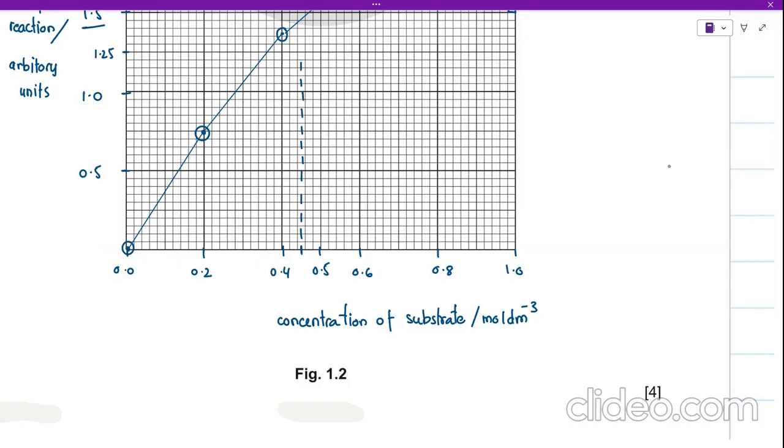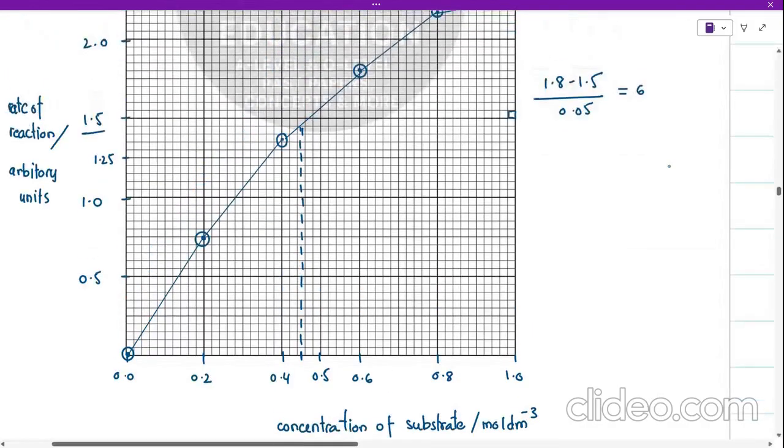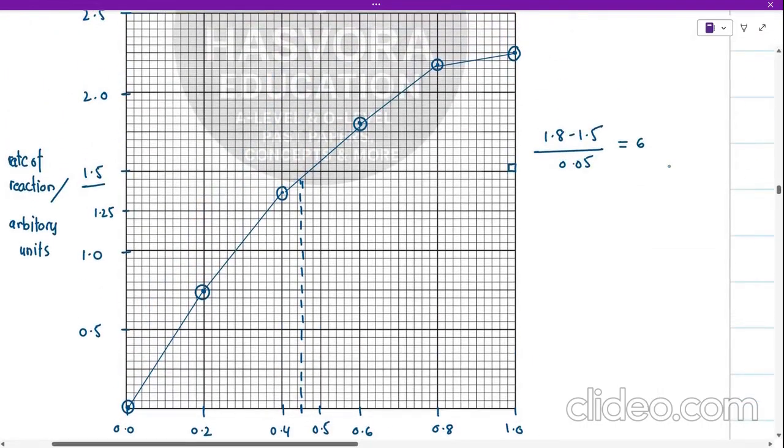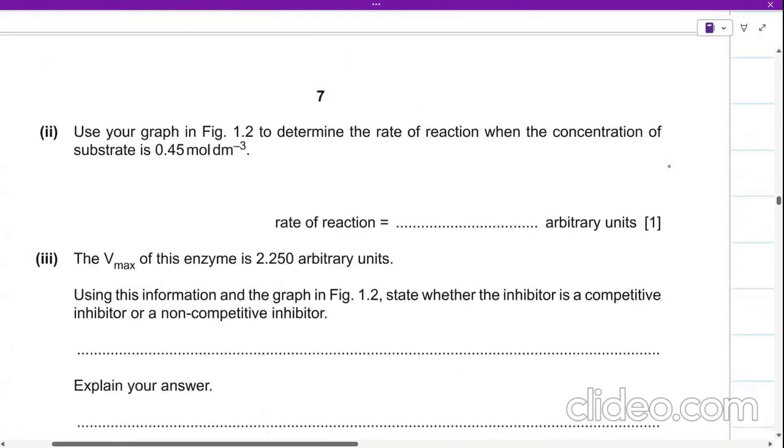Use a ruler to draw a dotted line here, and when it reaches the curve, you trace the rate of reaction at which this concentration occurs. So it is 1.45.